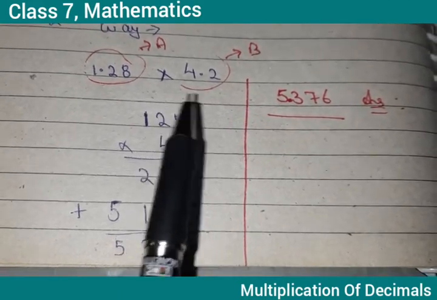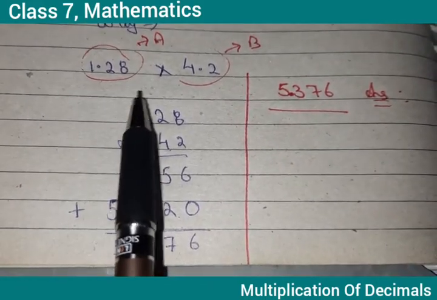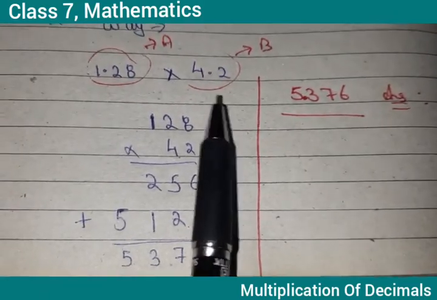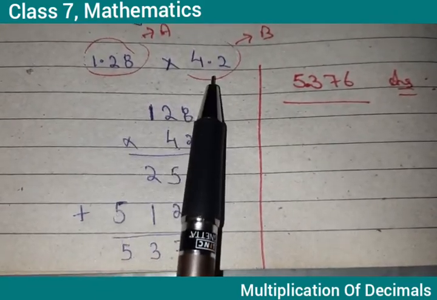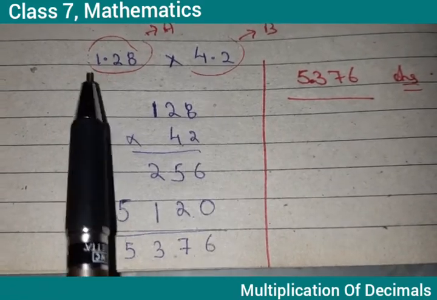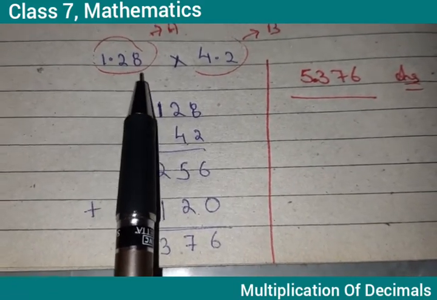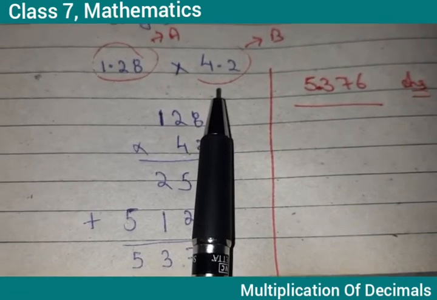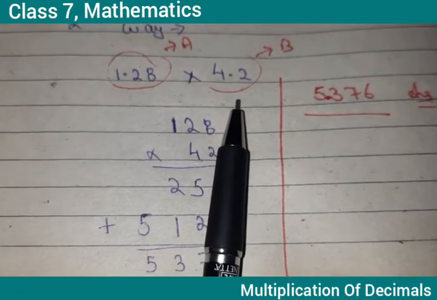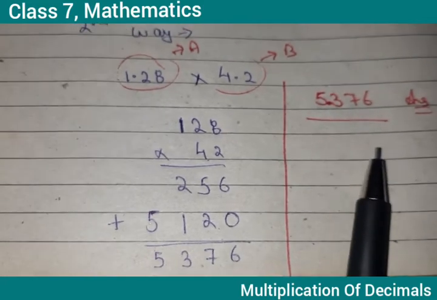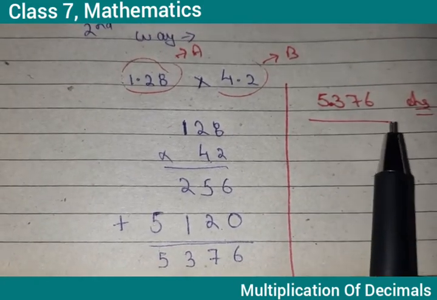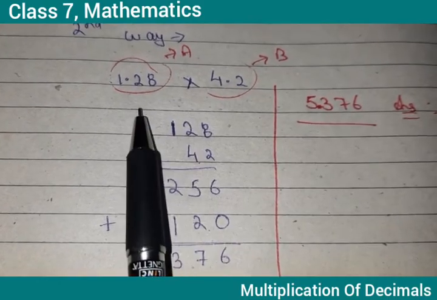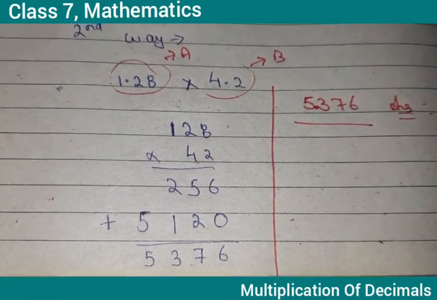That means, see, there are two numbers 1.28 and 4.2, take it as part A, take it as part B. Now we need to count the total number of digits after the decimal. So here there are two digits, 1 and 2, here it is 1, so 2 plus 1 is what? 3. That means the total number of digits after the decimal is 3.